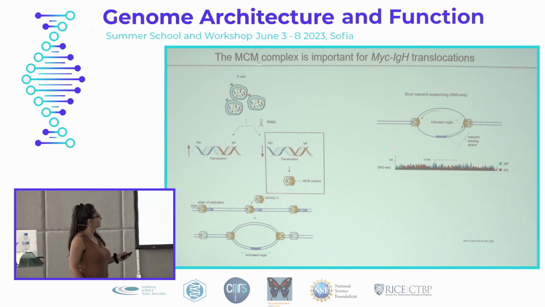So here I'm showing you tracks of short nascent strand sequencing, and we are overlaying the wild type and the MCM knockdown situation. What we saw is that the normally active origins in a wild type situation become decreased in activity, and then we have activation of origins in normally not so active regions of the genome.